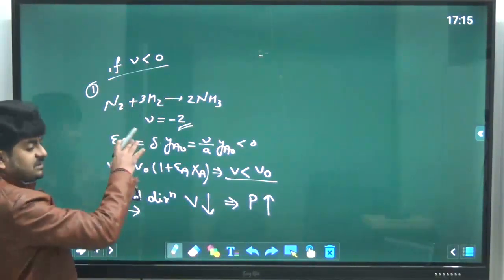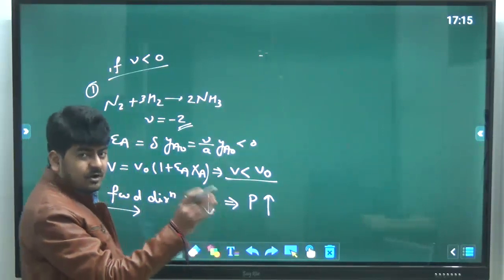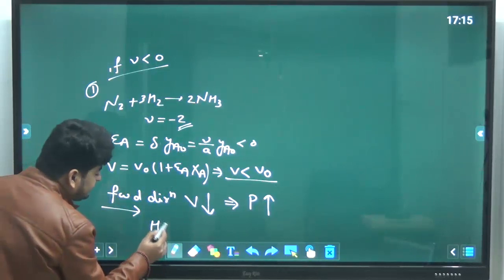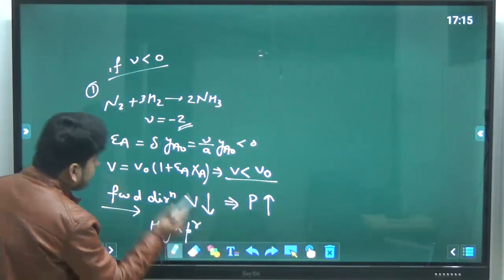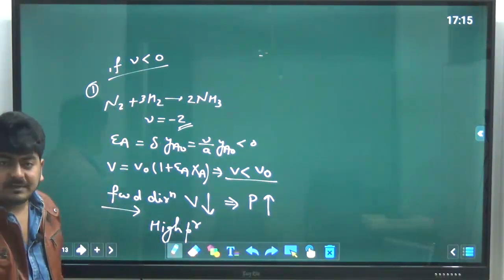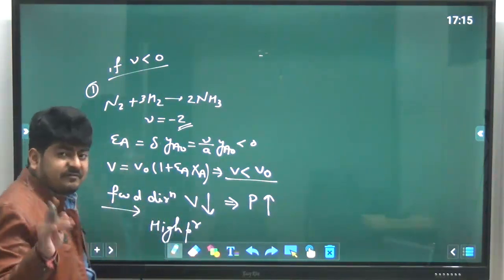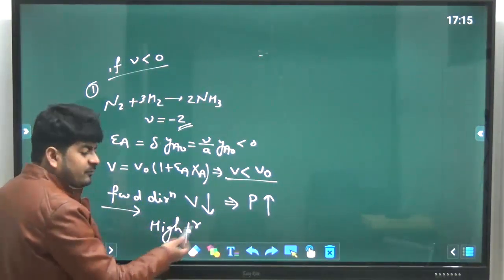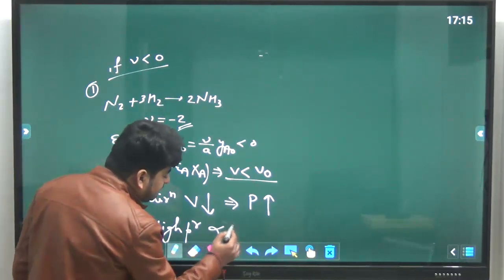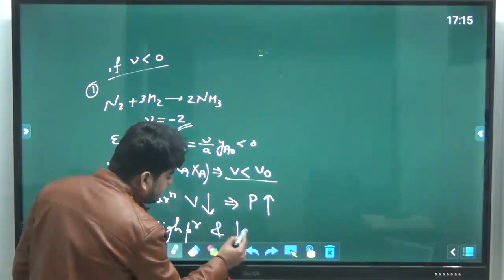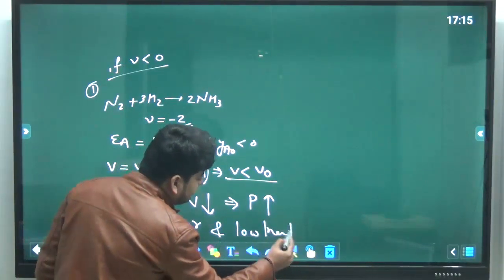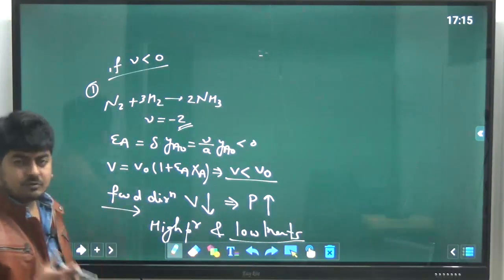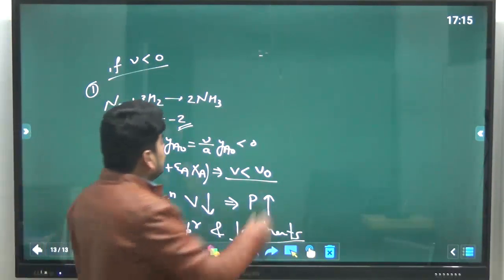So if I want high equilibrium conversion, or if I want to go in the forward direction, I must keep high pressure in such scenarios. The effect of inerts and the effect of pressure will be opposite. So if I want to keep pressure high, I have to keep inerts low, meaning I have to remove the inerts from the feed to achieve higher equilibrium conversion.